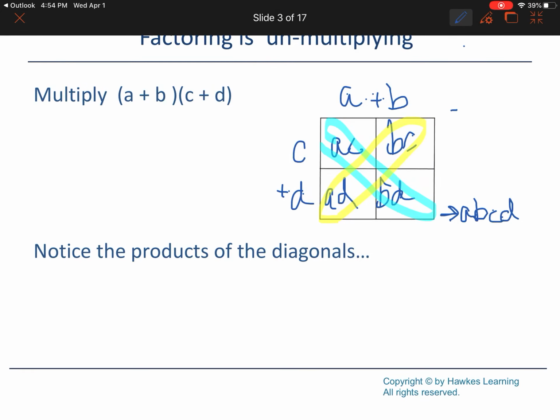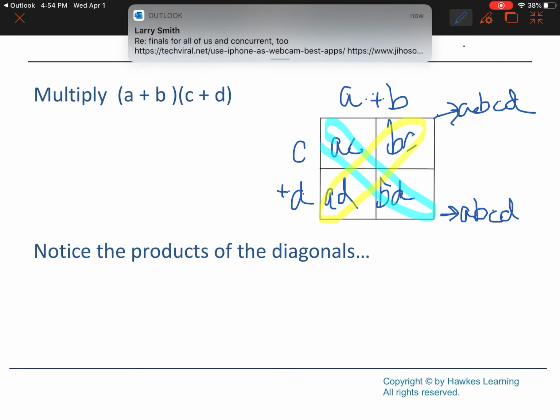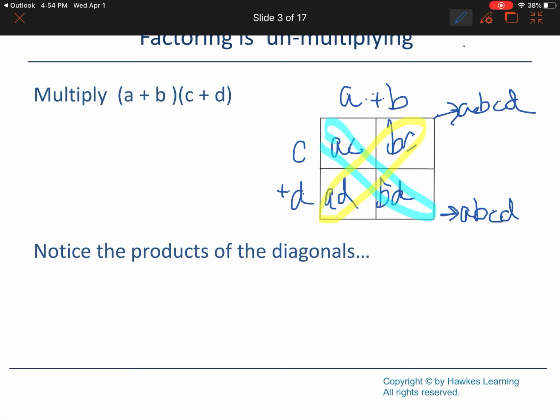So this one is A, B, C, D. So what I want you to notice is that they are the same. Not only are they the same, well, if we simplify them, they are exactly the same.